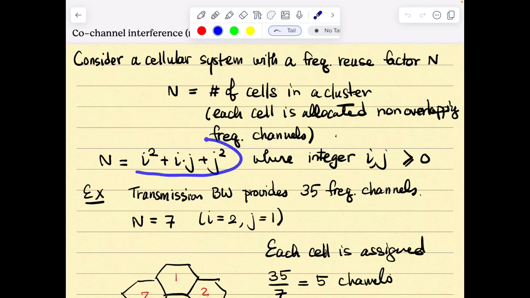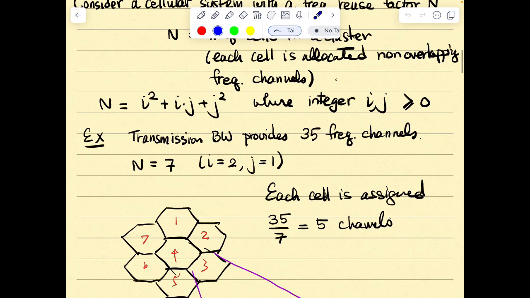As we studied in the past, it's equal to i squared plus i times j plus j squared, where i and j are integers bigger than or equal to 0. The formula has this expression because of the assumption of hexagonal cells.